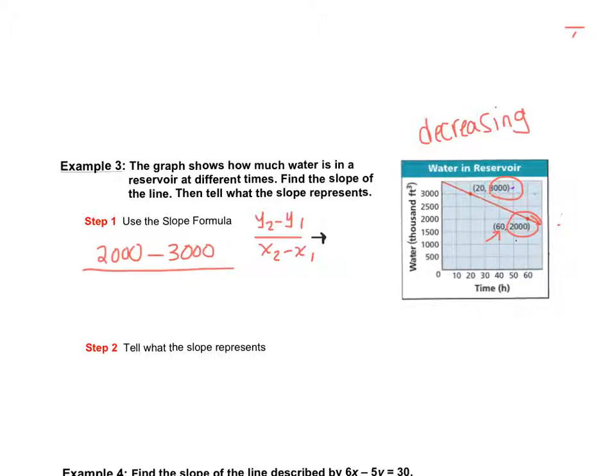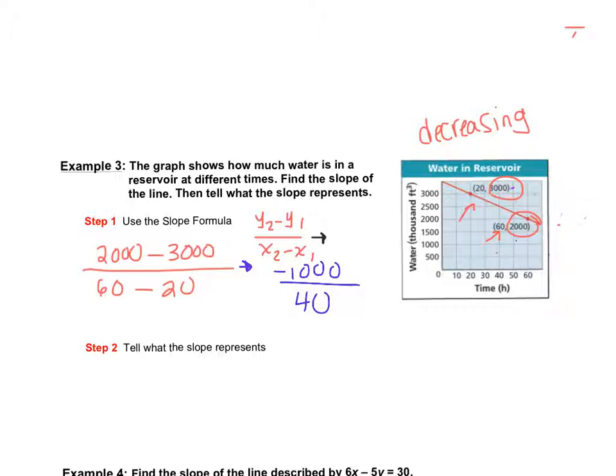So consistency means if you began with this one and you said that this specific value is y2, then you have to say that its corresponding value is the x2. And if this is y1, then this has to be x1. So y2 is 60 minus y1, which is 20. And we go ahead and do our math. And we get 2,000 minus 3,000 is negative 1,000 over 60 minus 20 is 40.